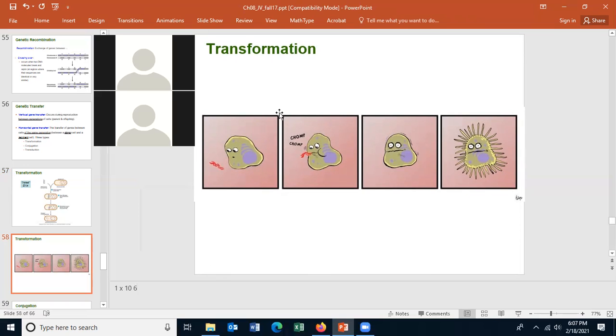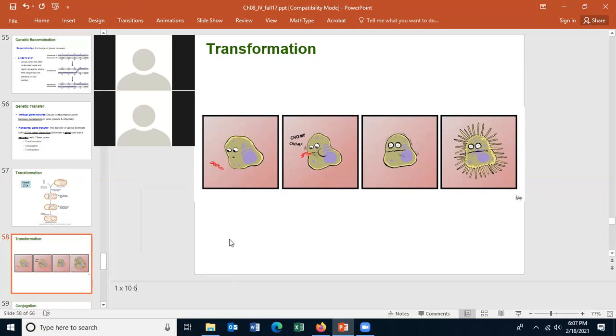And how often do you think transformation of this antibiotic resistance happens? Anyone want to guess? Does it happen more often or less often than spontaneous mutation? Less often.